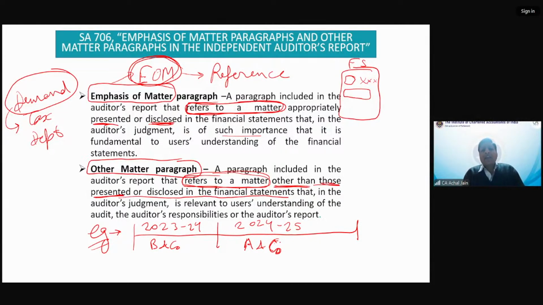Now tell me one thing, in respect of the financial statements, I'm talking about the accounting requirements, it's more of accounting requirements that I'm talking about right now. Do you see anywhere in the financial statements any requirement to give a disclosure about the change of the auditor?